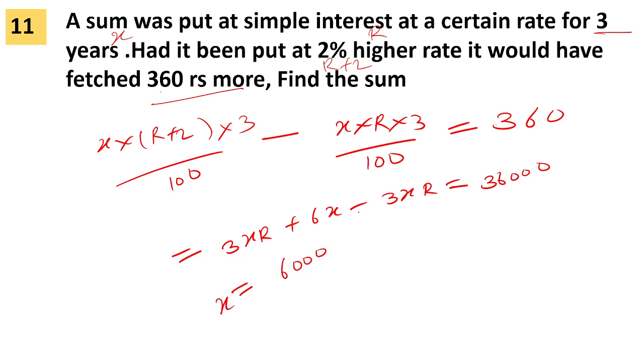Just solve this equation properly, you will get the answer. As you see, 3xr and minus 3xr get cancelled, we remove the 6x, divide by 6, you will get the answer as 6000. Just understand that when they are saying that they fetch more money or less, that means you have to decide the first condition and second condition. I think everyone got this. Very simple question, just solve it 2 to 3 times, you will definitely get the solution.